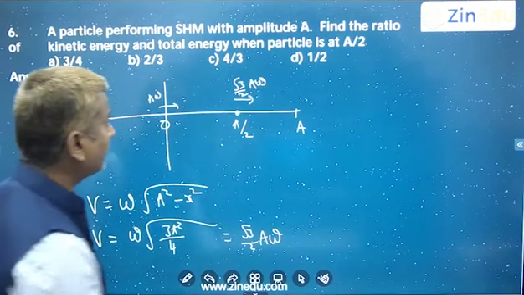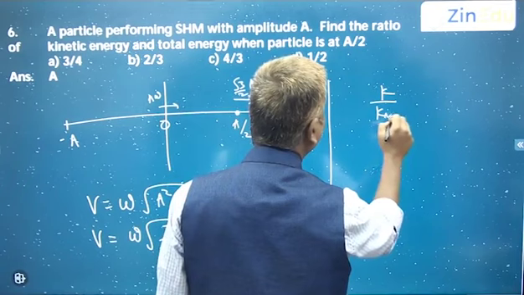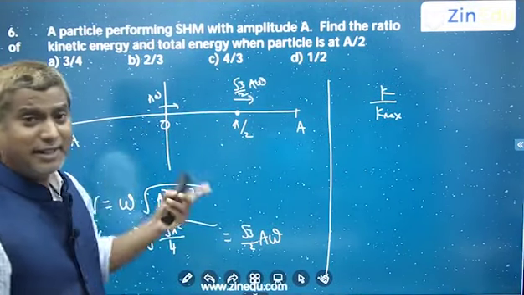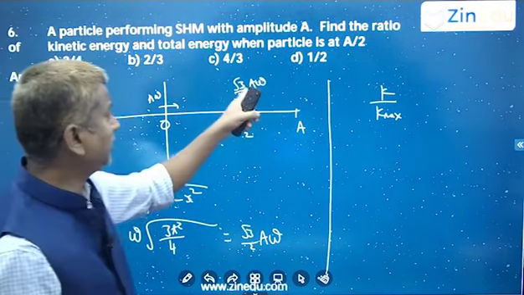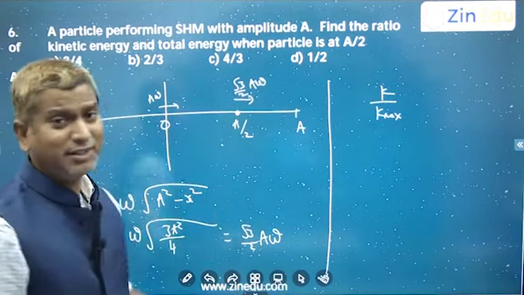Now here the kinetic energy K by K max they are asking, because total energy is nothing but maximum kinetic energy. Kinetic energy at this point by total energy is same as kinetic energy by maximum kinetic energy.